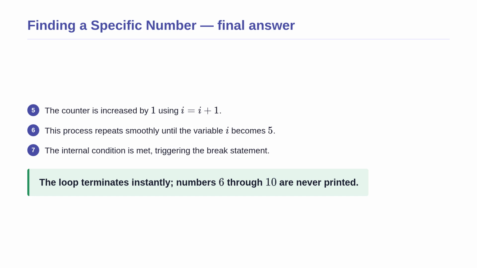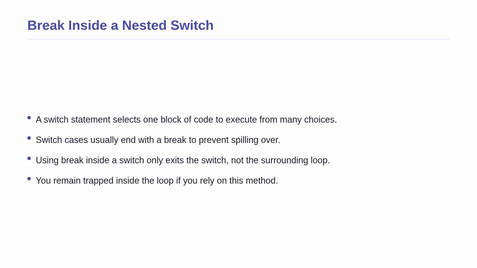Now that we have successfully used the break statement, we must discuss a very common trap. Beginners often make the mistake of using a break statement inside a switch statement that is itself placed inside a loop. A switch statement is a decision-making tool that selects one block of code to execute from many choices.